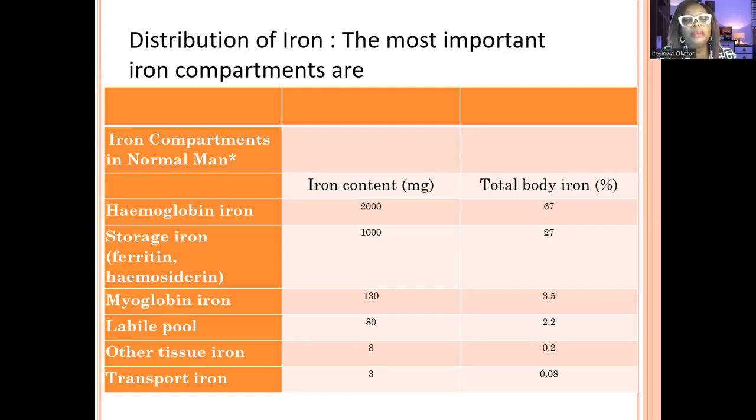We have myoglobin, containing about 130 milligrams of iron, about 3.5% of total body iron. We have labile pool iron, 80 milligrams, which is about 2.2% of total body iron. Other tissue iron contains about 8 milligrams, which is about 0.2%. We have the important one, the transport iron, which takes up about 3 milligrams of iron, but just 0.08% of total body iron. That is the transport iron.